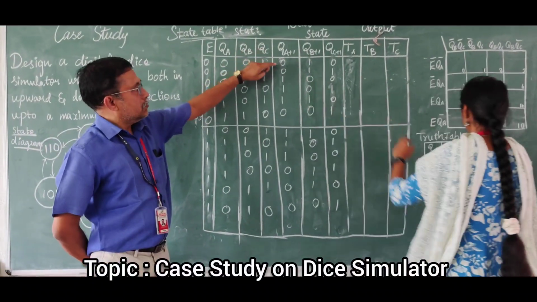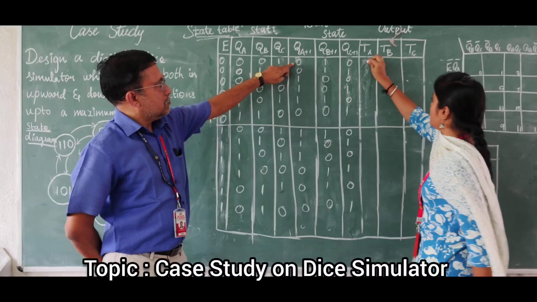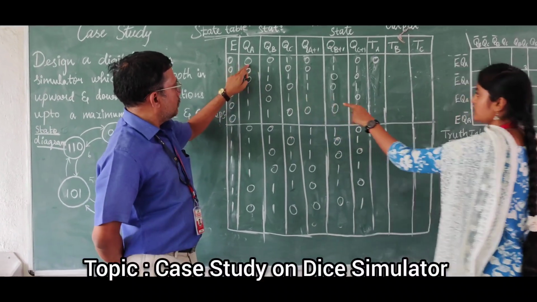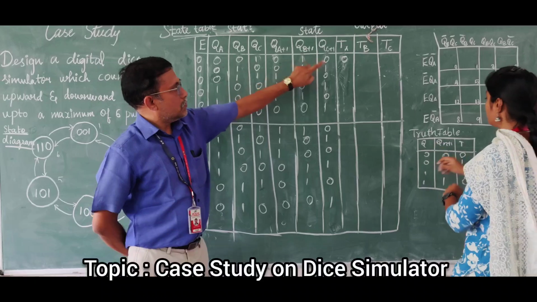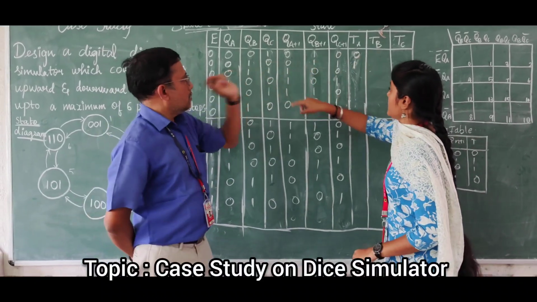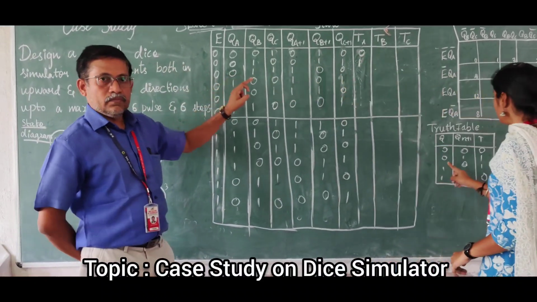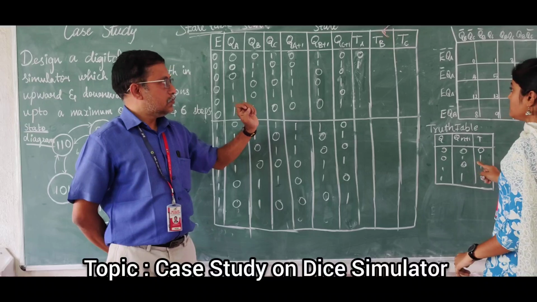For QA, the present value is 0 and the next value is 0, so TA is 0. Then the next value is 1, so the output is 1.